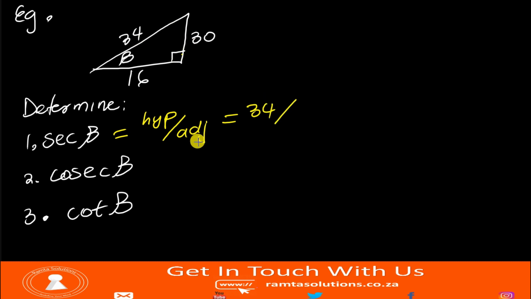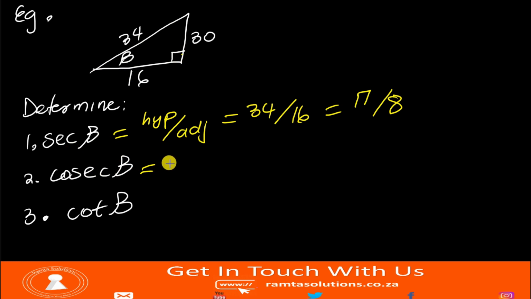The adjacent is the side that the angle lies on, which is 16. So this is 17 over 8. That is sec beta.